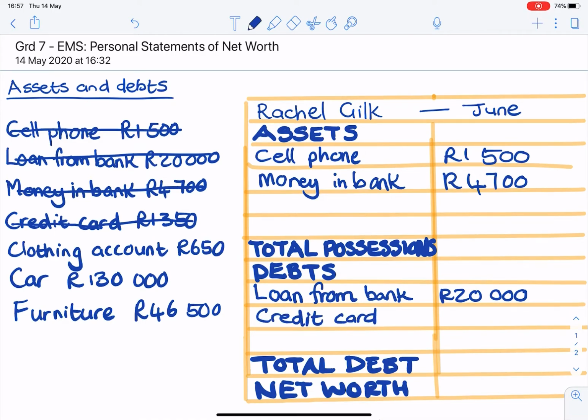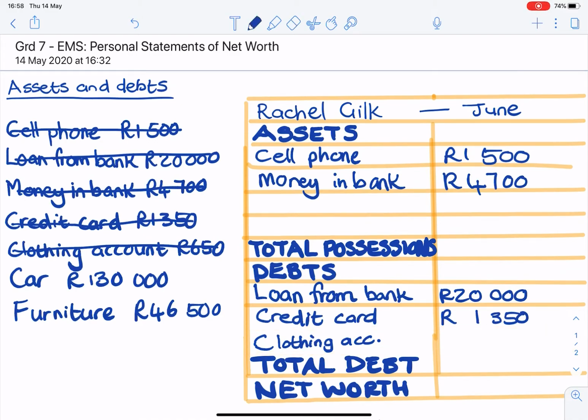And that is for 1,350 Rand. She has a clothing account, which means she owes that money, it is a debt, for 650 Rand.